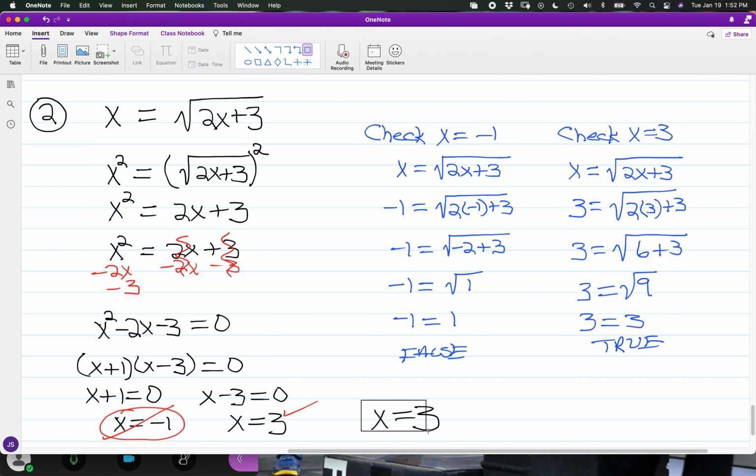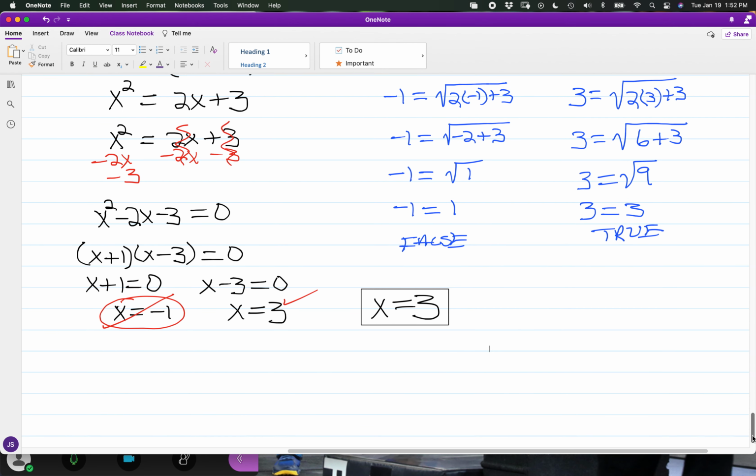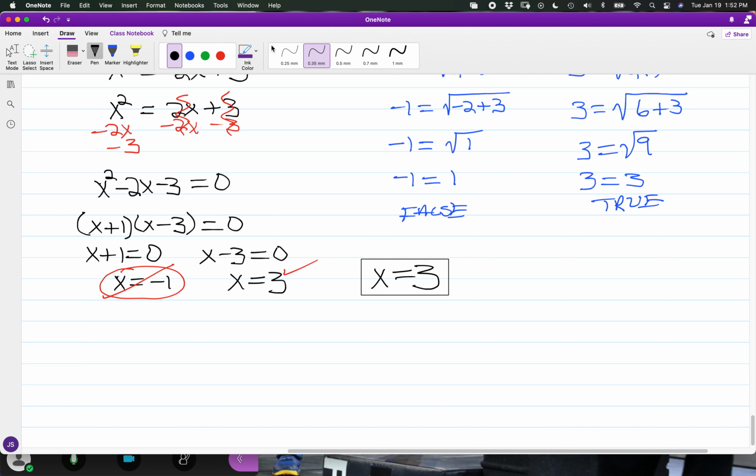All right. And just for the next few moments, I'll say that for the remaining portions, tell you what, let's see what we get in solving for x.